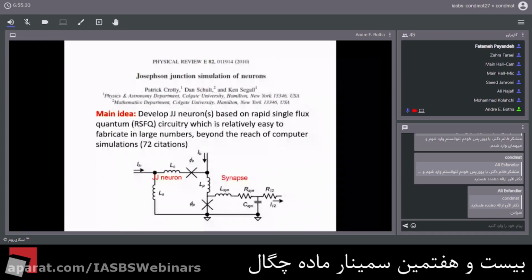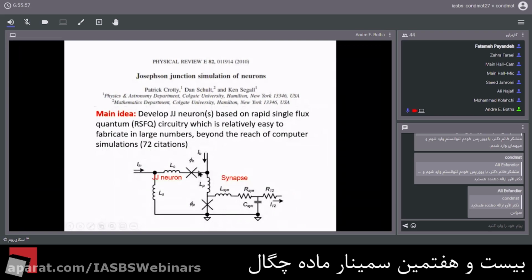And perhaps for this reason, there wasn't much uptake for the idea, and it still hasn't really been taken forward in terms of experimental work. Nevertheless, this paper has been cited 72 times, and it is quite an important paper in its field.